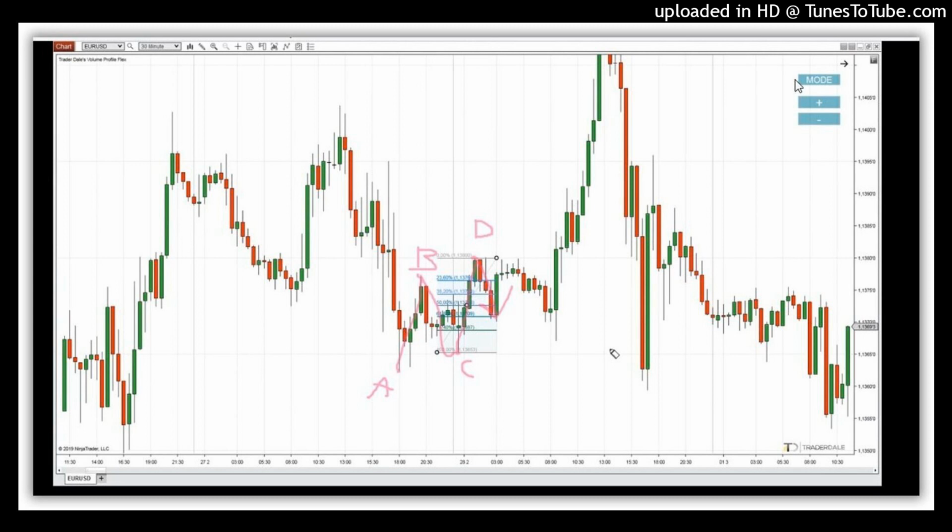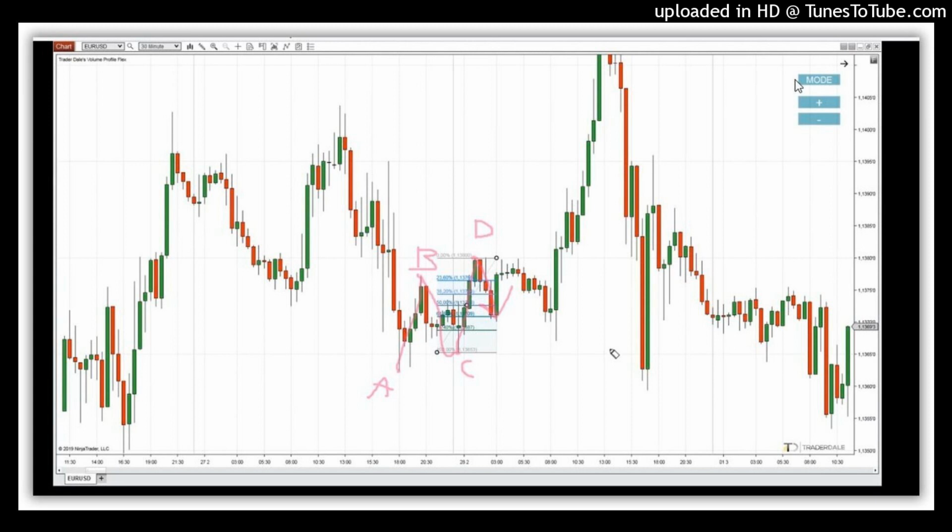Now let's have a look at here. Point A, point B, significant swing points. Now, here is the 50% mark. The price touches it, so it is a valid setup.